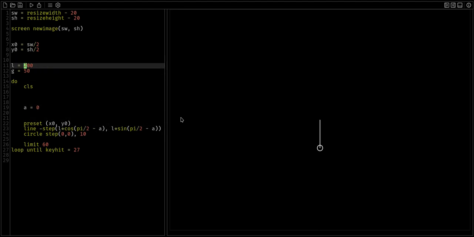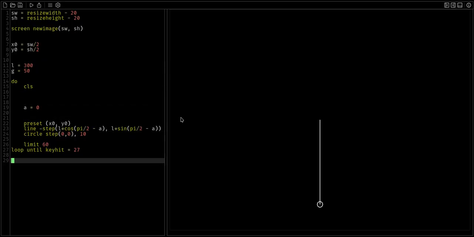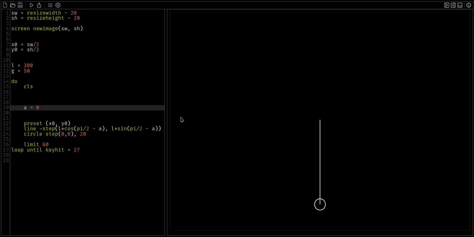Make this a little bigger. And if this is a small value, then it just shifts over to the right like that.